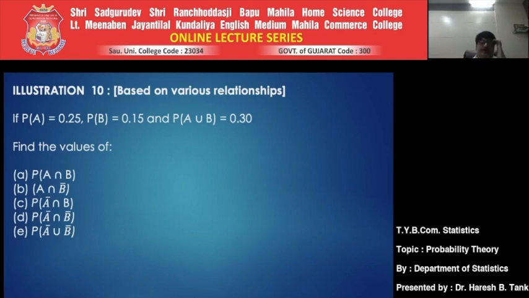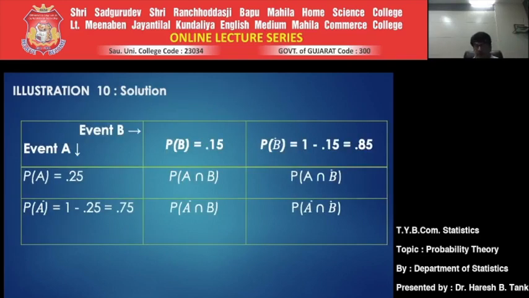First of all, try to put it in a tabulated form. If you put it in a tabulated form, row-wise, it is event A, column-wise, event B. Naturally, the first row would be probability of A, which is given to be 0.25. The next row would be probability of A complement, which is complement of A. Complement of A is 1 minus probability of A. 1 minus 0.25 comes to 0.75.